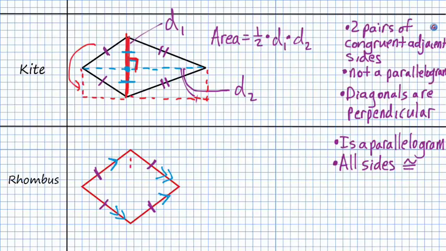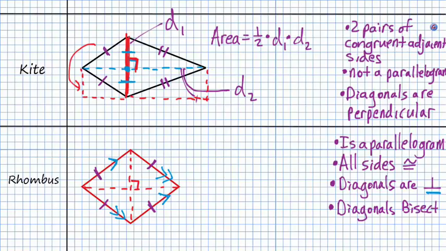So if I draw my diagonals in here, similarly, in a rhombus the diagonals are perpendicular. And this little symbol here means perpendicular. But additionally, we say that our diagonals bisect one another.